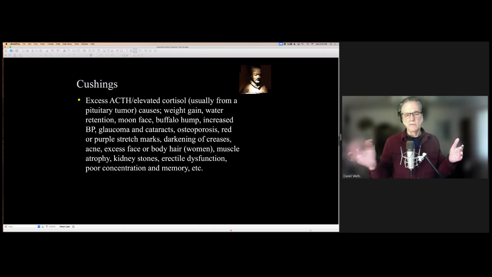I mean, years later. Darkening of creases, like on the palms or the wrist or the antecubital fossa and the elbow. And then excess facial or body hair for women, muscle atrophy, kidney stones, erectile dysfunction, poor concentration and memory, and it goes on.